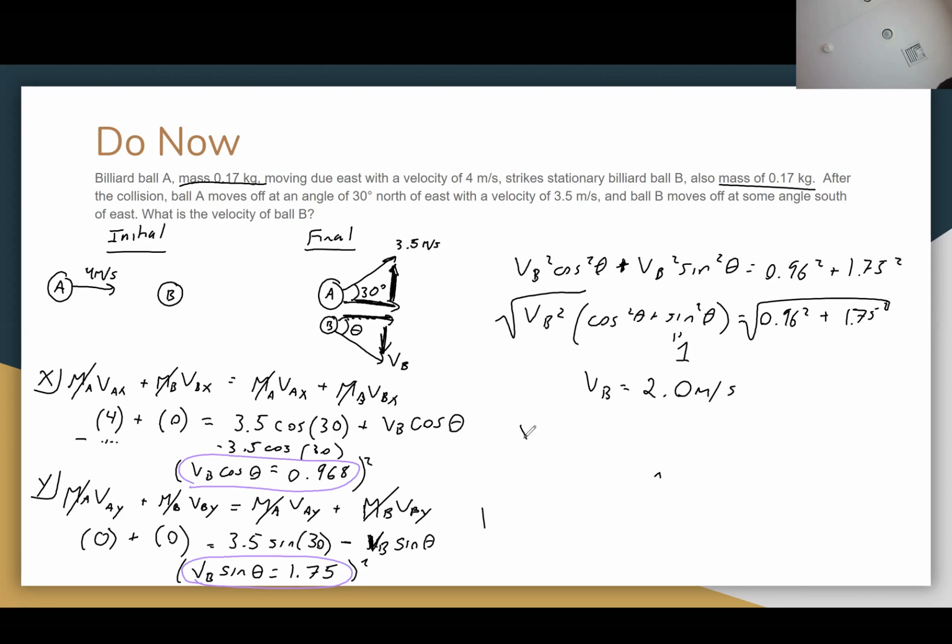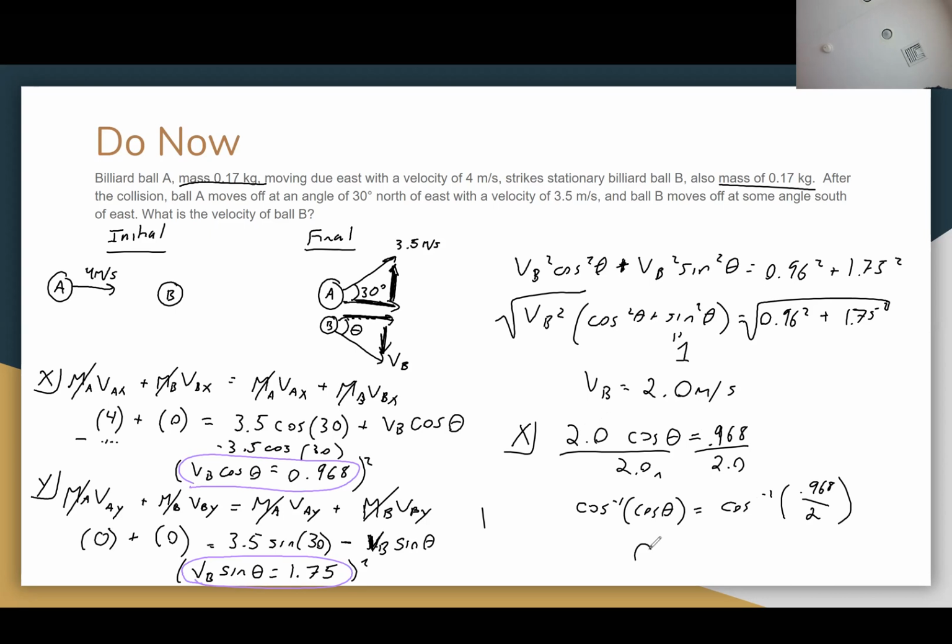So I'm going to use the x equation to determine the angle. The x equation says that VB, which we just found is 2.0, times the cosine of theta is equal to 0.968. So if we divide both sides by 2.0, we can take the cos inverse: theta is equal to the cos inverse of 0.968 divided by 2.